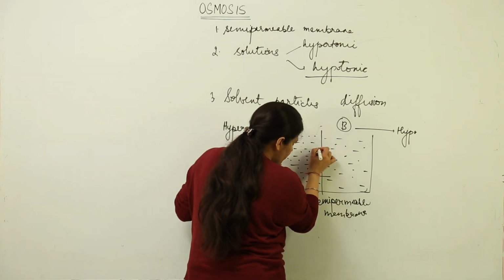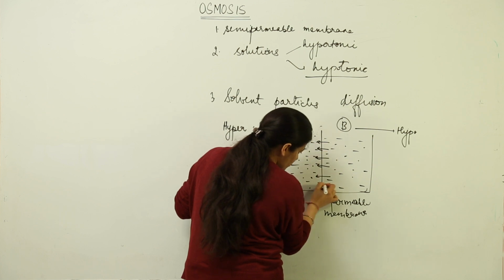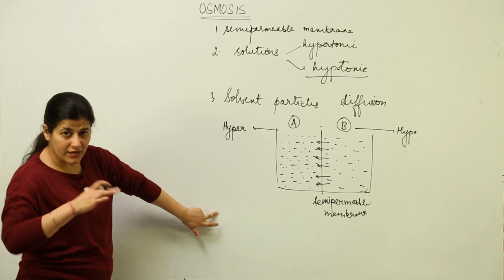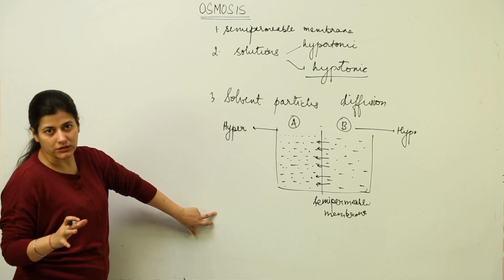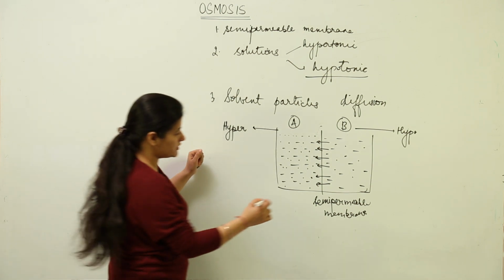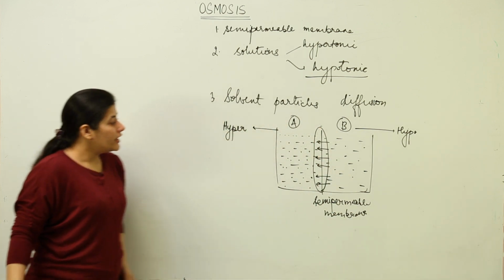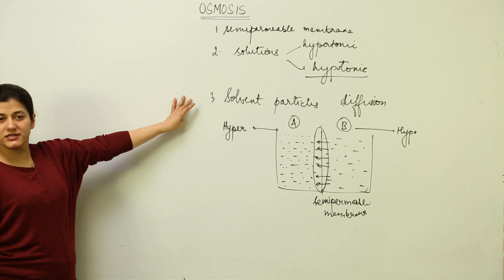The solvent will diffuse from hypotonic solution to the hypertonic solution until their molar concentrations are equivalent. The diffusion would take place. This process is osmosis. Now this is the simplest way you can understand osmosis.